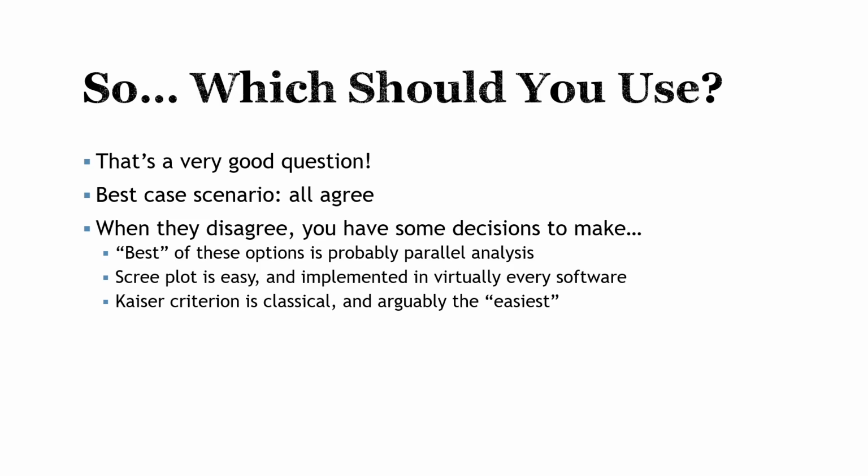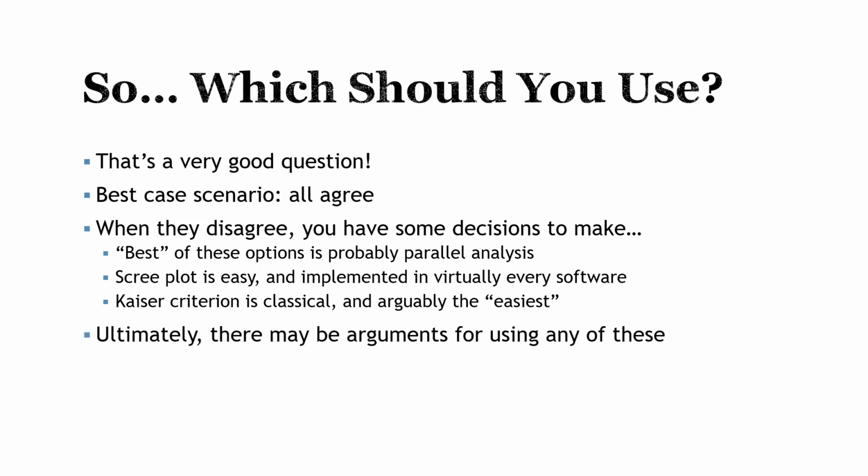And because scree plots are so easy, even if they are a bit subjective, I would highly recommend utilizing scree plot. And if you wanted something to be a little bit more objective, maybe a little bit more fancy, maybe a little bit more reliable, you could implement a parallel analysis. Ultimately, though, any of these could have an argument for them.